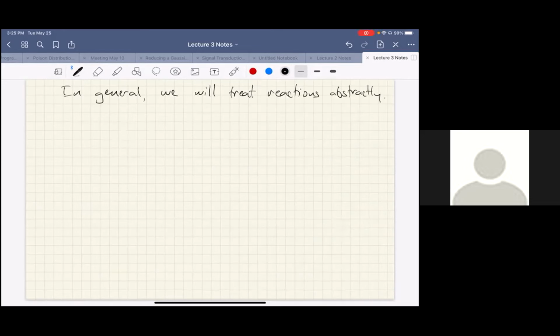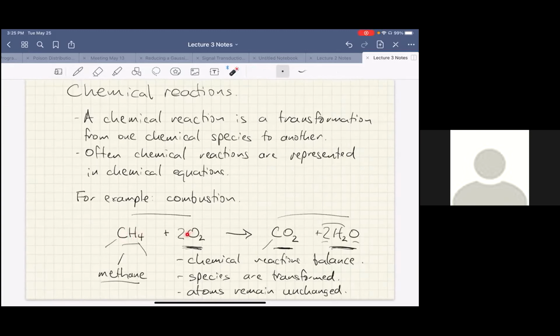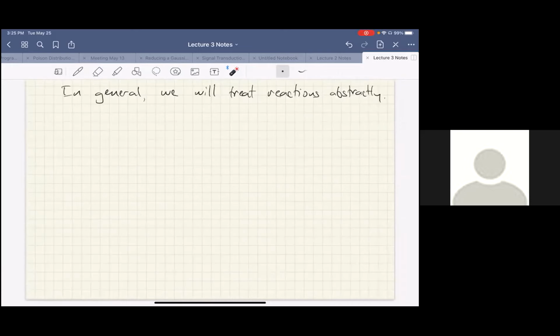Instead of a second ago in the example, where we had molecules that we've heard of, methane, oxygen, carbon dioxide, and water, we are not going to deal with molecules that have names or well-defined chemical formulas. We're just going to be dealing with them as symbols.